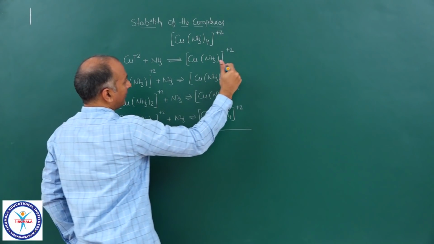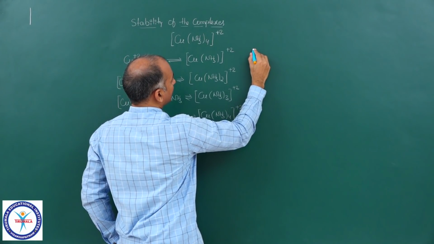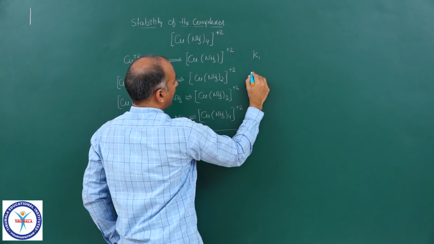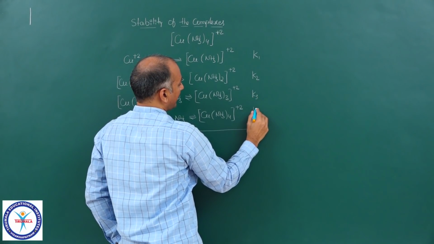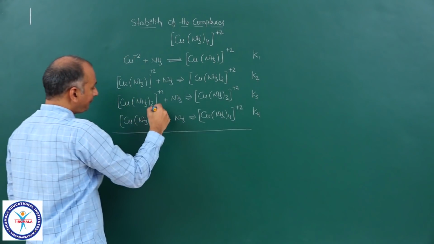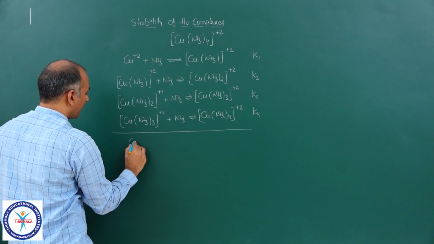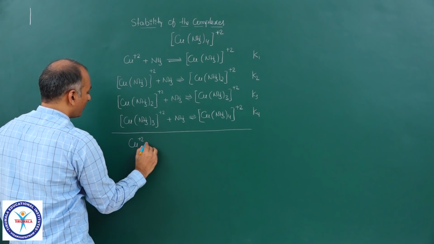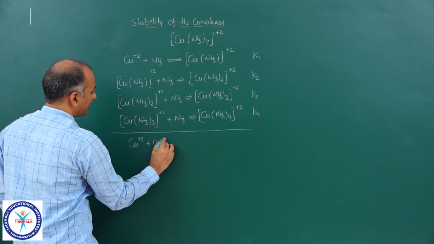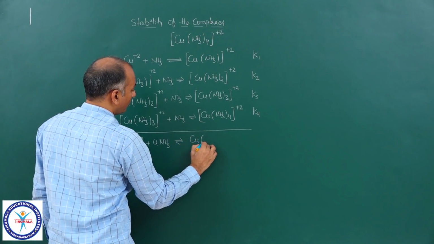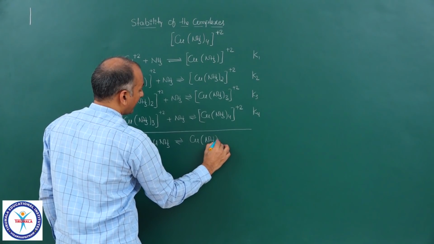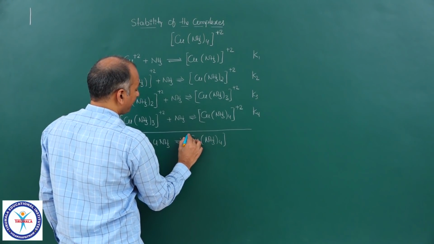So let us say the equilibrium constant of this particular step is K1 and this is K2, this is K3 and this is K4. Now the overall reaction is Cu2+ plus 4 NH3, that gives [Cu(NH3)4]2+.